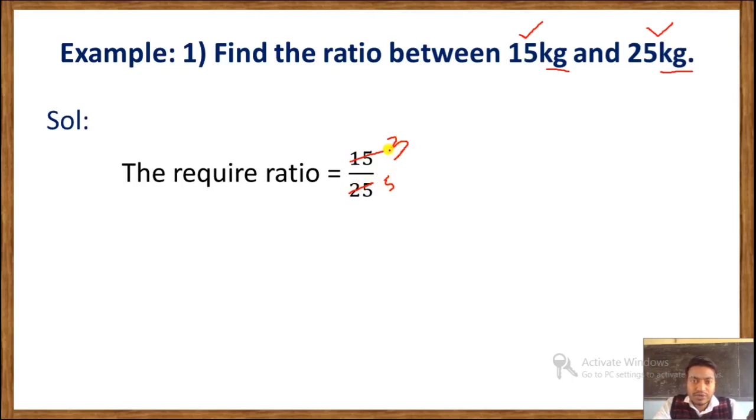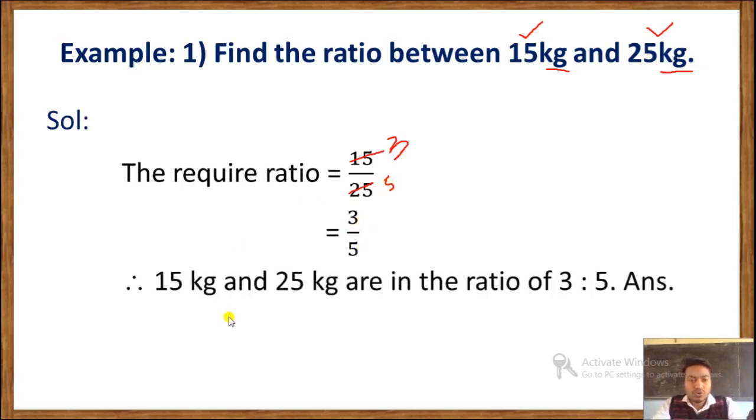So here we have 3 by 5. Therefore 15 kg and 25 kg are in the ratio of 3:5, because 3 is the first one and 5 is the second one.